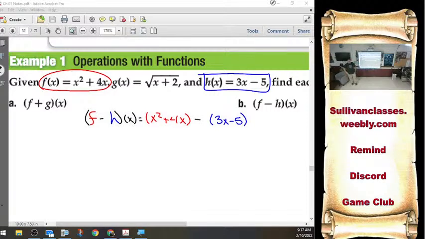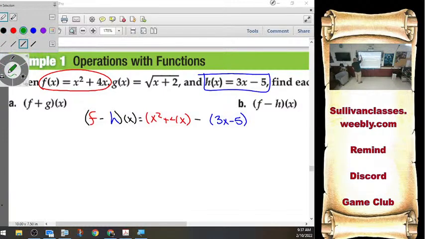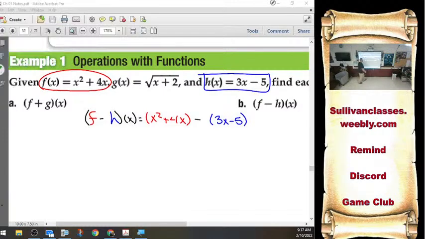Just be careful that you distribute the negative. I have so many kids, even all the way up in PreCalc, who see this on a quiz and say x squared plus x minus 5. Okay, remember to distribute a negative 1.